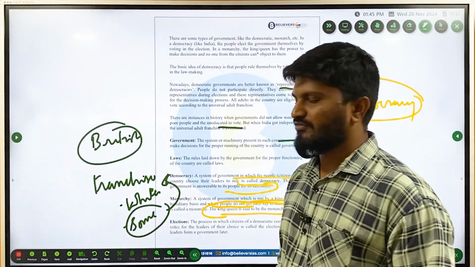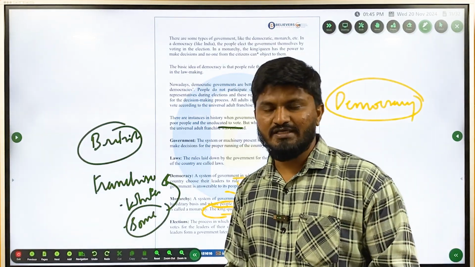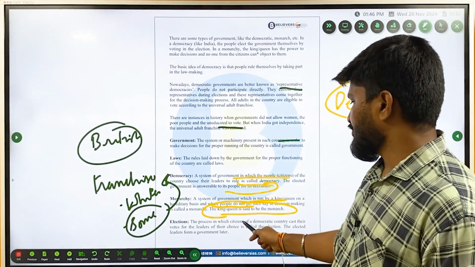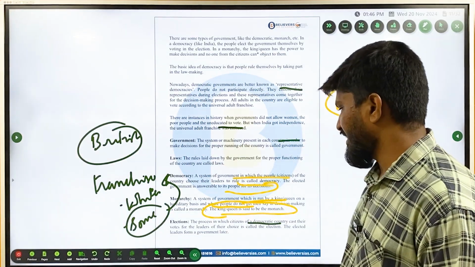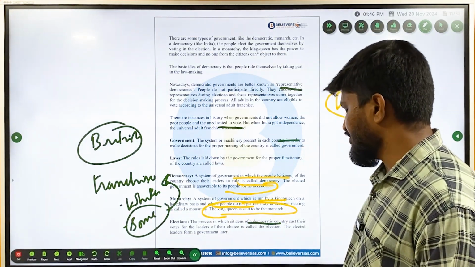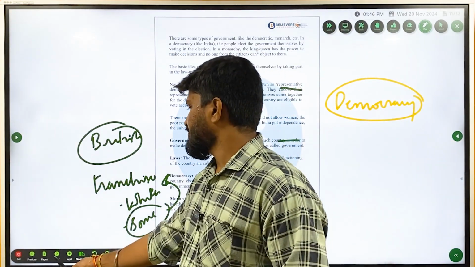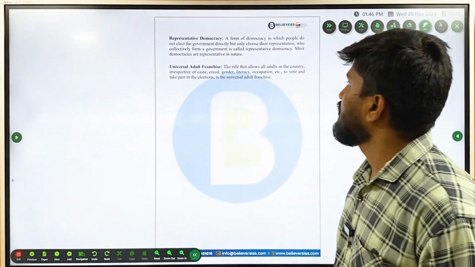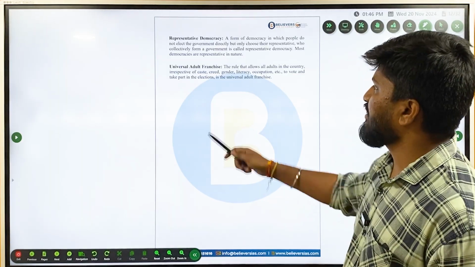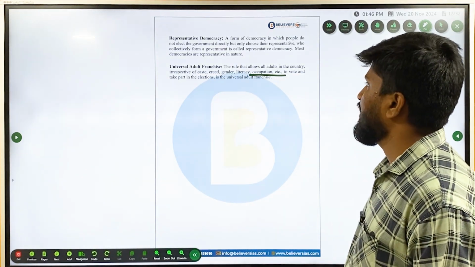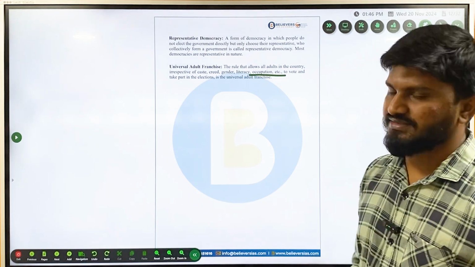This franchise was changed after independence, and India adopted universal adult franchise. Elections are a process where the citizens of a democratic country cast their votes for the leaders of their choice. The elected leaders form a government later. Universal adult franchise means that irrespective of caste, creed, gender, literacy, occupation, etc., everyone has the right to vote and to take part in elections.